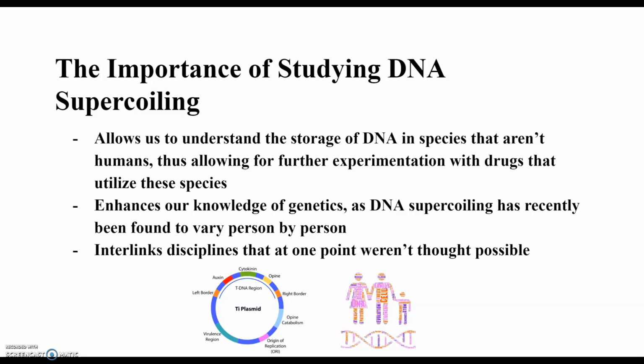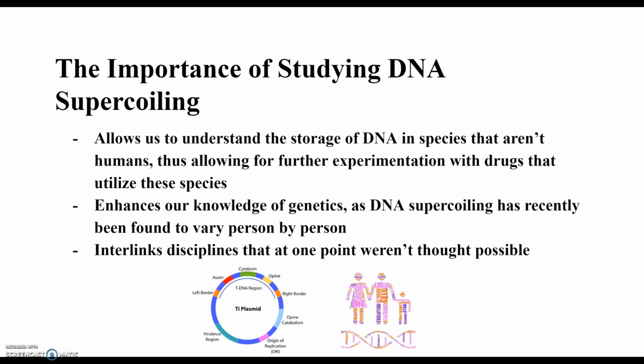And another thing it does is it enhances our knowledge of genetics, such as DNA supercoiling has recently been found to vary person by person. So just like DNA is genetic, that supercoiling and torsion is dependent on person by person. The last thing I would say that's important about studying DNA supercoiling is that it interlinks disciplines that at one point weren't thought possible.